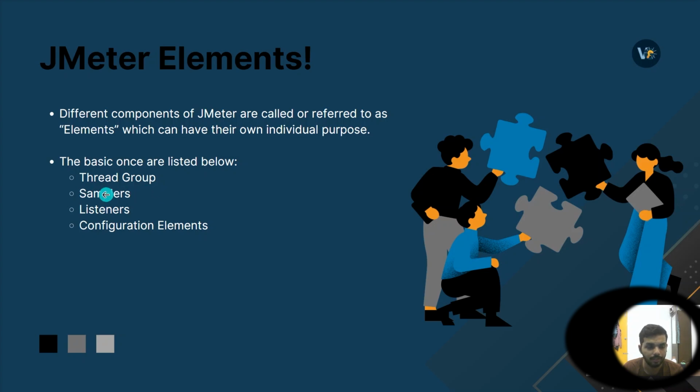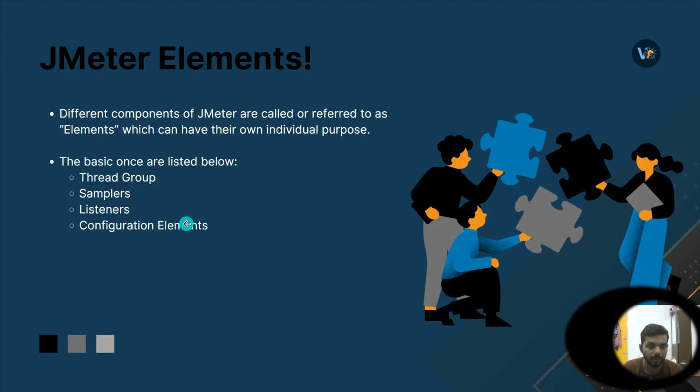So sampler is the element which allows us to make those requests. Then listeners are the data that we will interpret, so we can configure many different types of listeners, let's say table, tree, graph, and everything through this JMeter element called listeners.